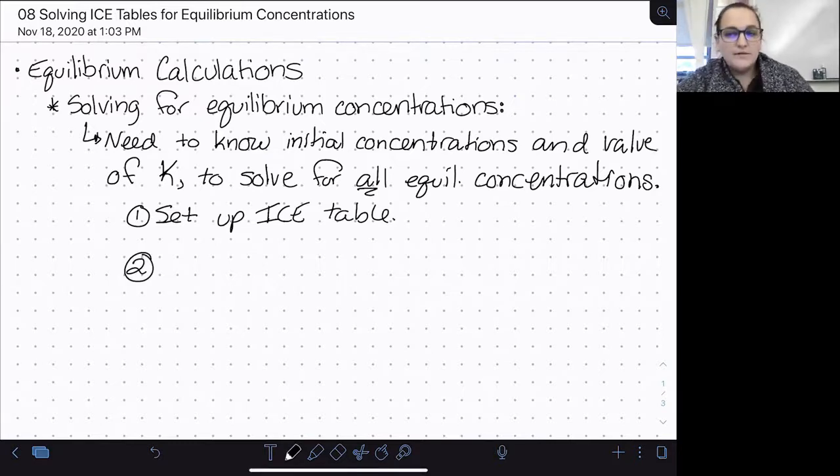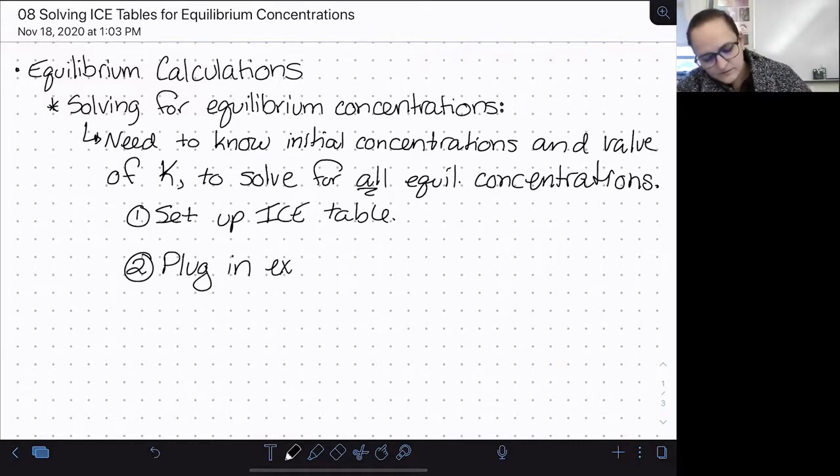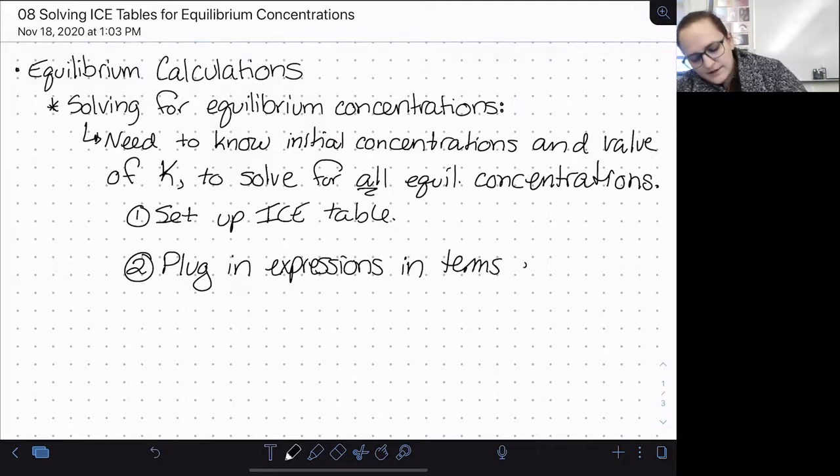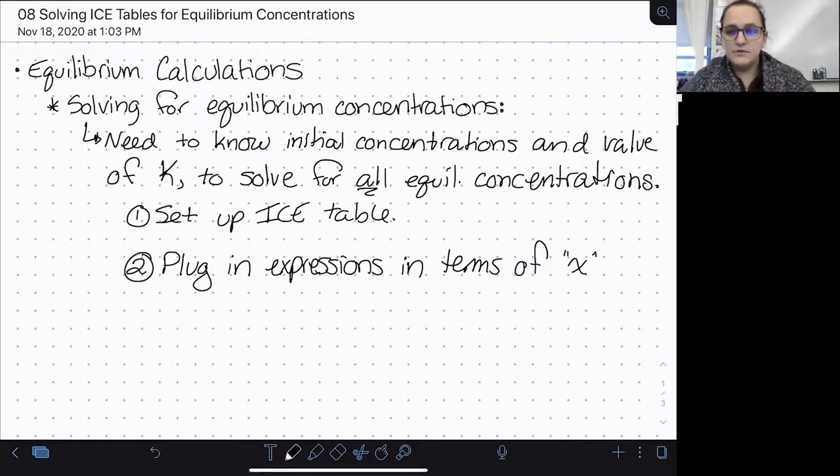This time we won't have values for our equilibrium concentrations, but we will have expressions all in terms of X. So when we write our ice table, we put everything in terms of X using the stoichiometric coefficients to indicate the relative amounts by which our concentrations are changing. And at equilibrium, we usually have something plus or minus X as what's left over at equilibrium.